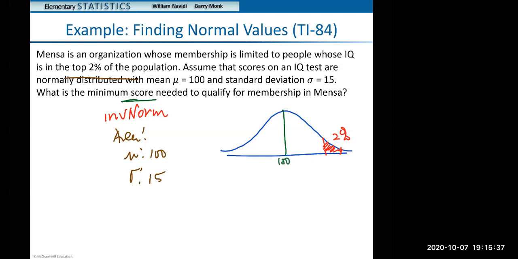Now we want the score here. What is the score here? To qualify for membership in Mensa. What is that minimum score?